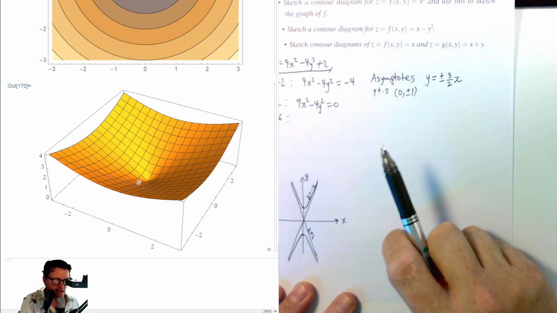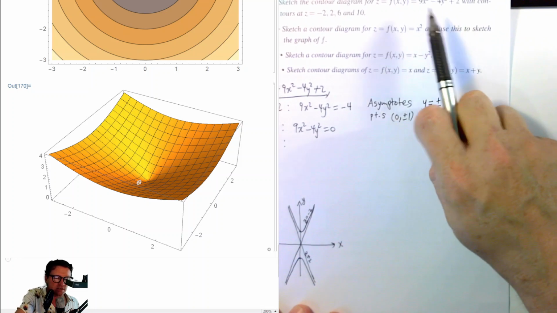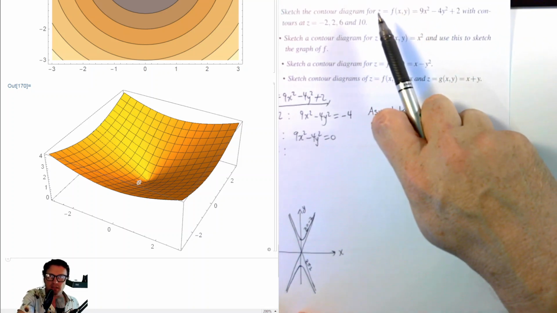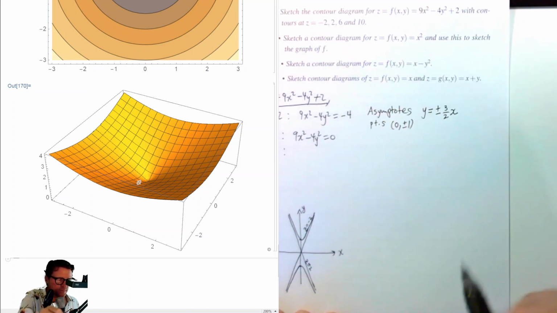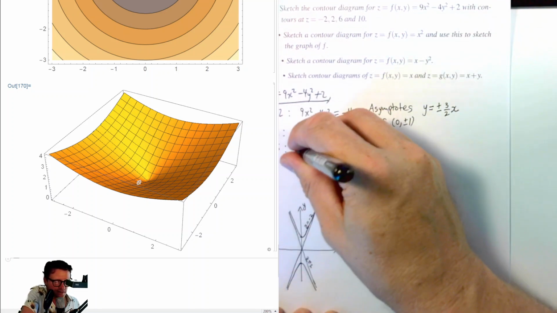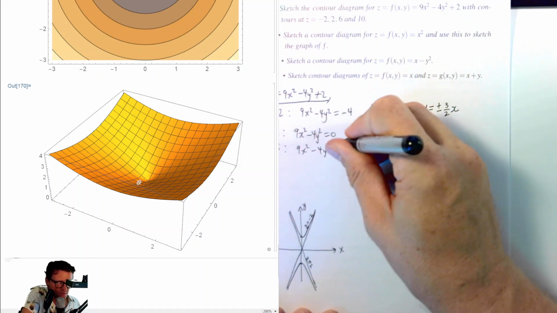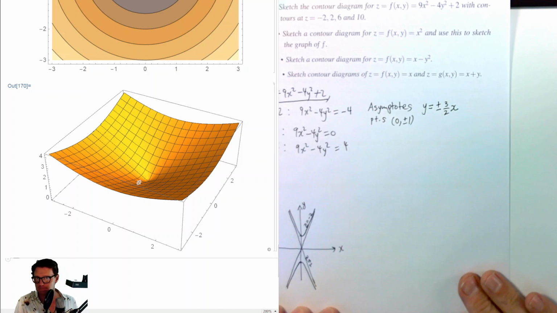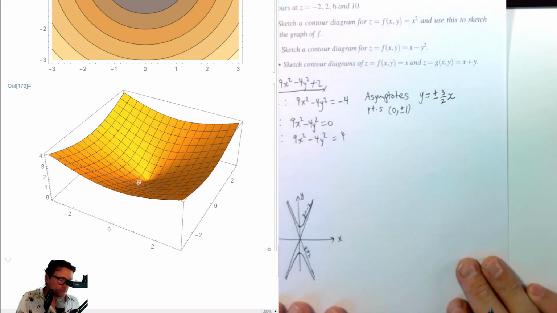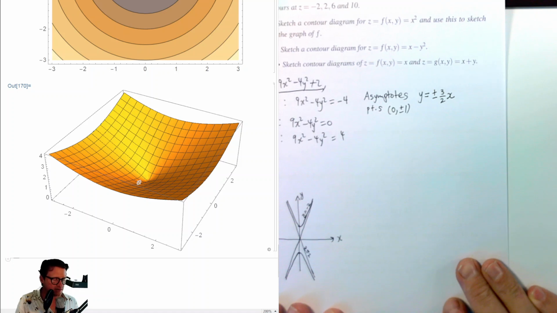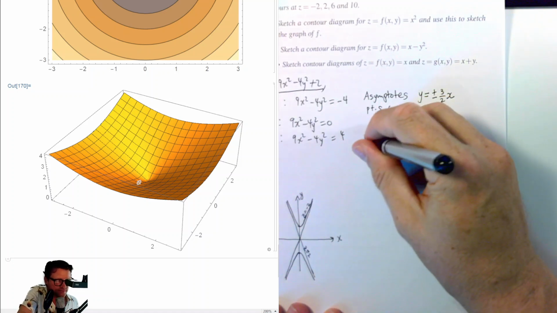Now, looking at this equation, if we had 6 over here, 6 minus 2 is 4, so that gives us a plus 4 on the other side. So 9x squared minus 4y squared equals plus 4. So then, if we have y equals 0, let's find some points.